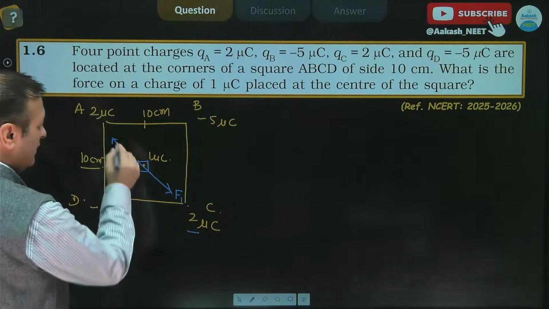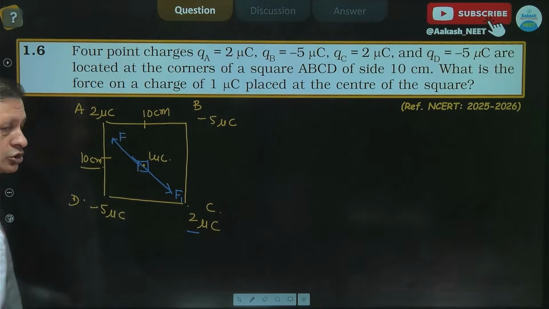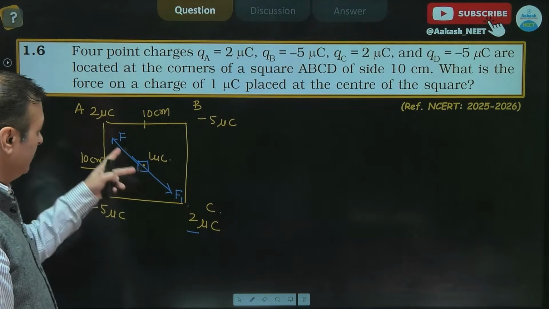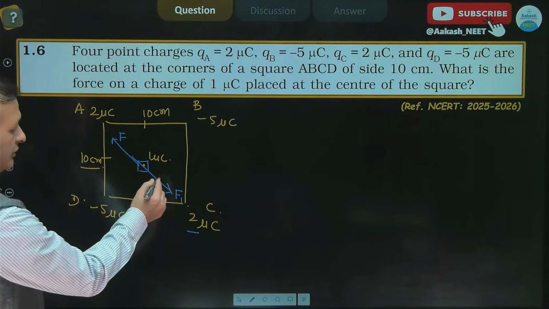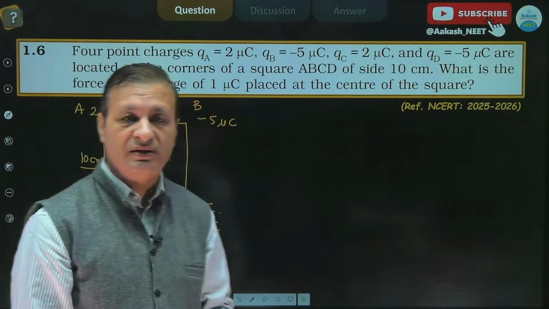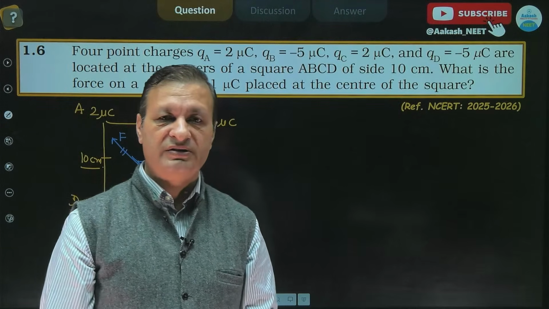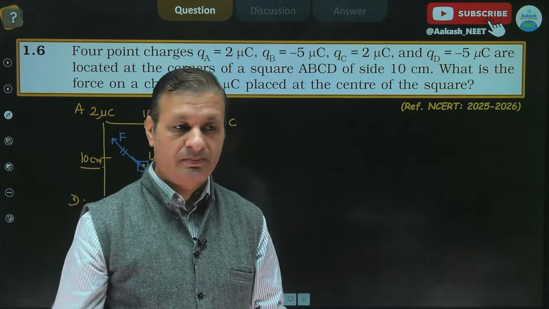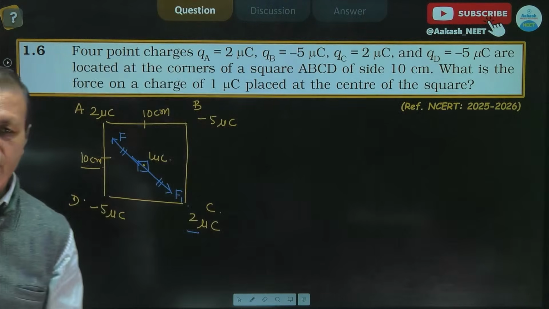This is radially outward and this is also F, because pairwise the separation is the same even for the other one. These two forces are equal and opposite, and will mutually cancel out each other. Do we understand? Any doubt?